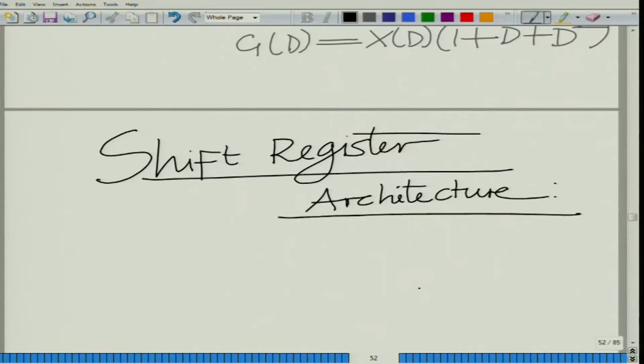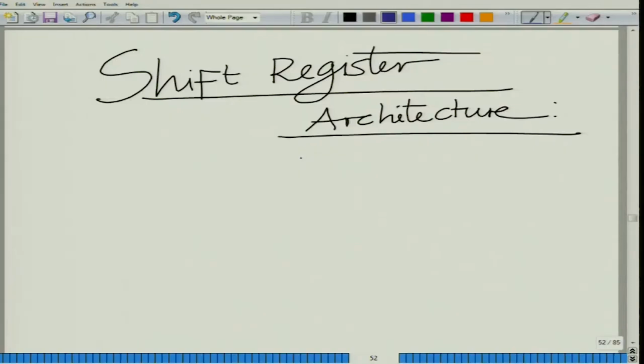I am going to use a shift register architecture to represent this convolutional code, which is convenient, and this shift register architecture was very popular, especially in the early days of the convolutional codes, to practically implement these convolutional codes in a digital communication system. In particular we can use a feed forward shift register architecture.